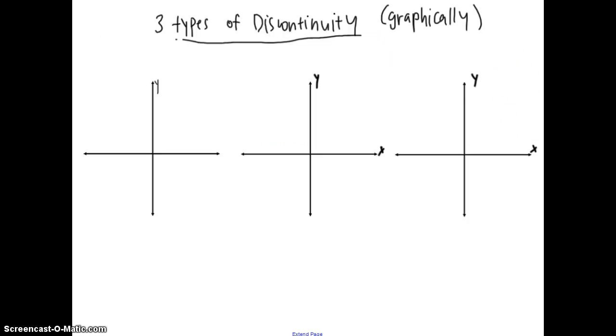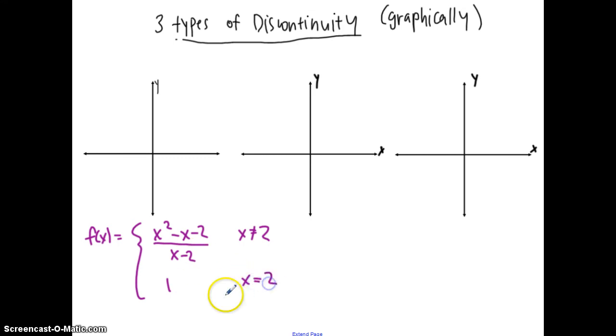Now let's talk about the three types of discontinuous functions. The first type looks something like what we've been dealing with before, where f of x could be a piecewise function with a graph that essentially looks like a line, except at x equals 2, there's some sort of a hole. A graph like this factors into x minus 2 over x minus 2, times x plus 1.